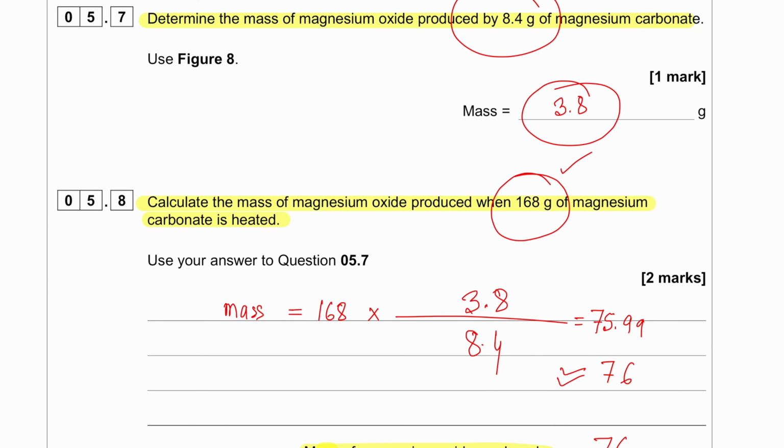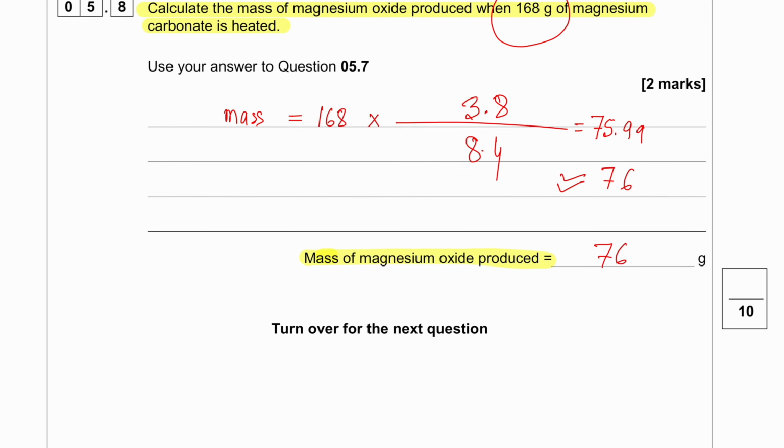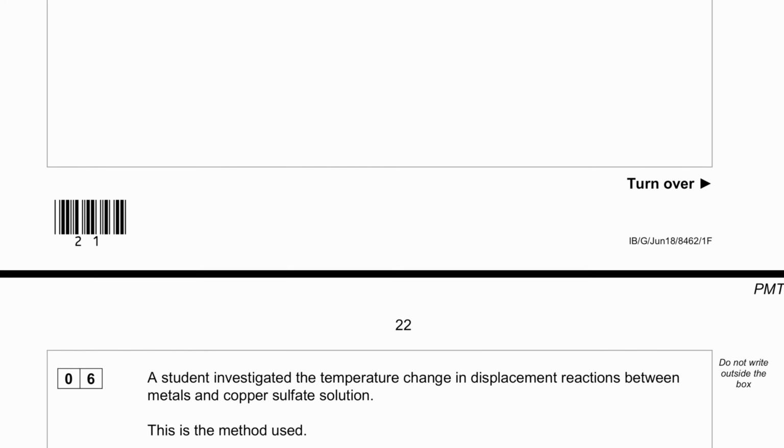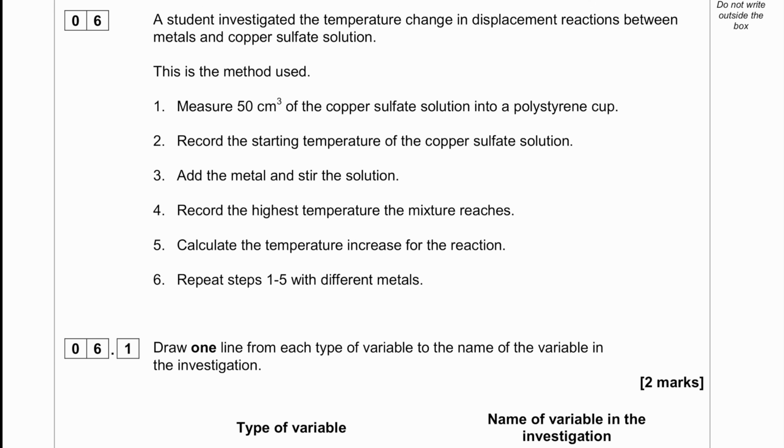If they already tell us that we have to give the answer to 1 decimal place, we must give it to 1 decimal place, but if they don't, then we can just round it up to a whole number, if that is convenient. Question number 6.